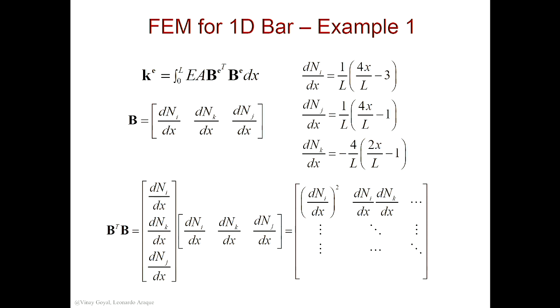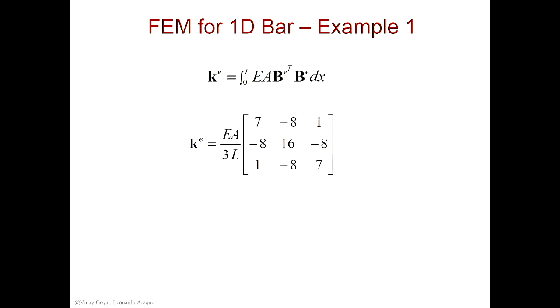Put these values in, then calculate B transpose times B, and Mathematica even does the integral for you. The integral from 0 to L, EA, B transpose B, and then gives you all these numbers. If you want to use MATLAB, you can use that as well. I haven't tried it there. So that's what you get for the stiffness matrix.